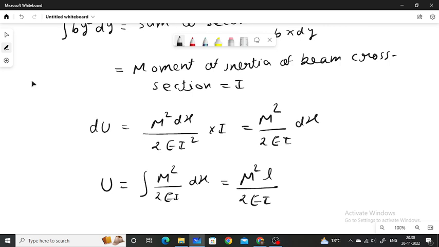Now total strain energy will be equal to M square L upon 2EI. Okay.